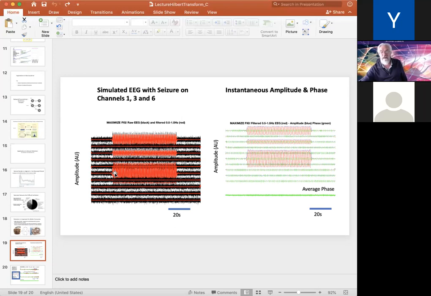I think it's 80 seconds of recording here. This is the calibration, if you want to know. And the amplitude, since it's a simulation, is in arbitrary units.